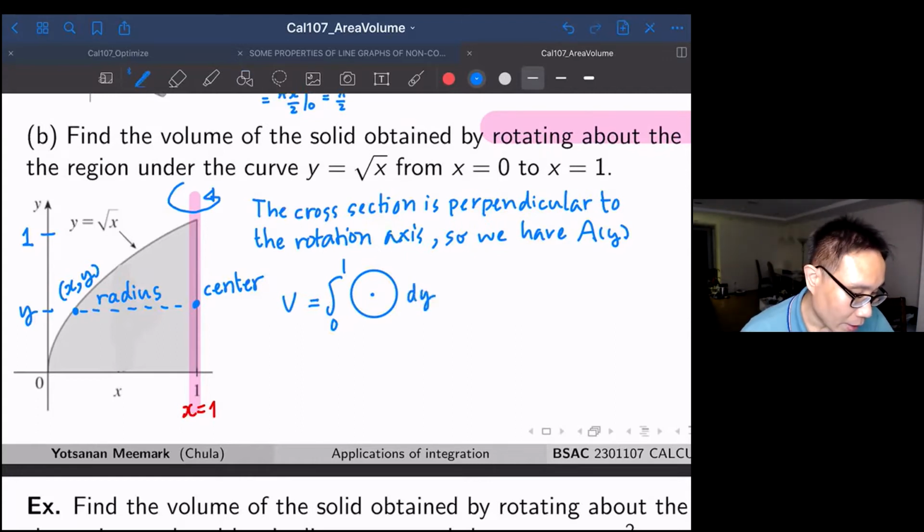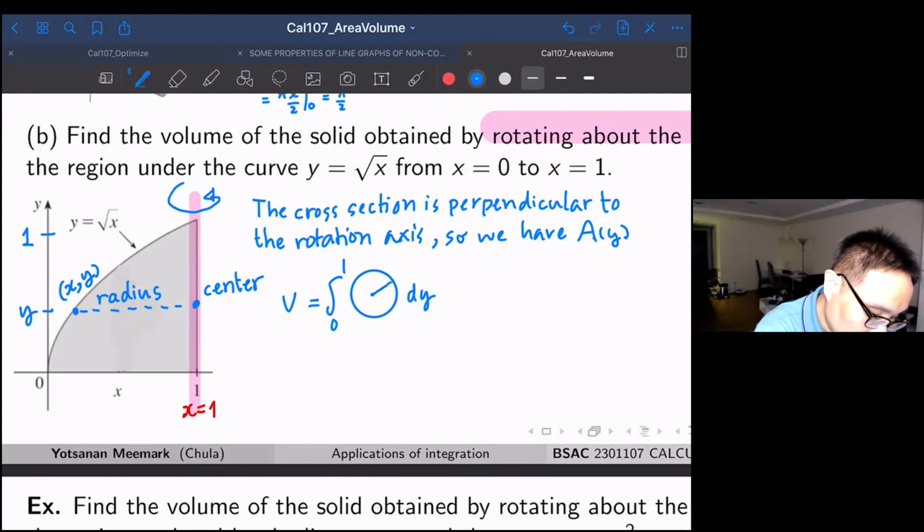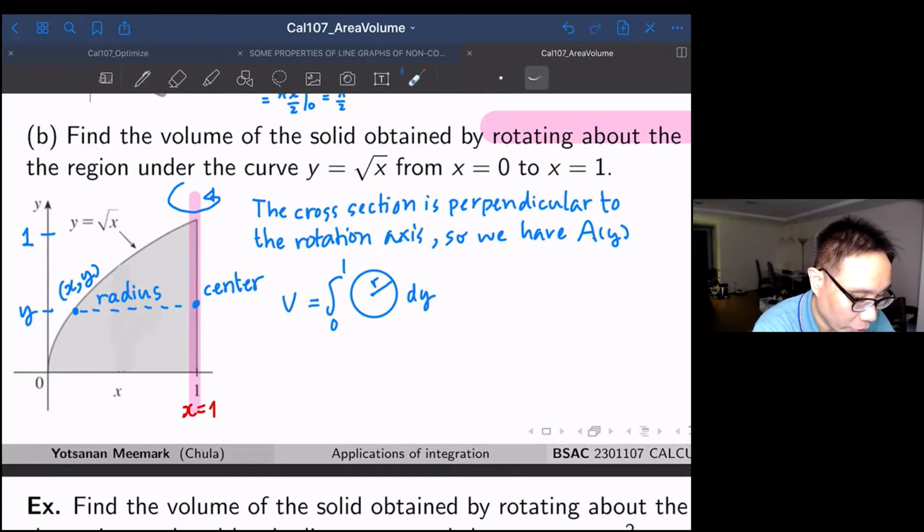Okay, and you see the radius. What will be the radius? R, I'm going to put R first. For this radius, you see that it's going to be 1 here. So you have to measure the distance from here to here.